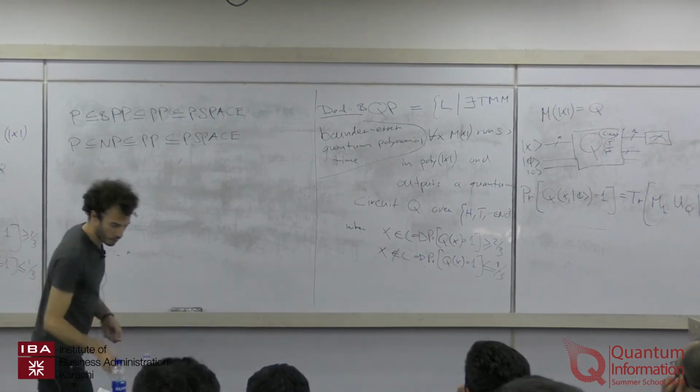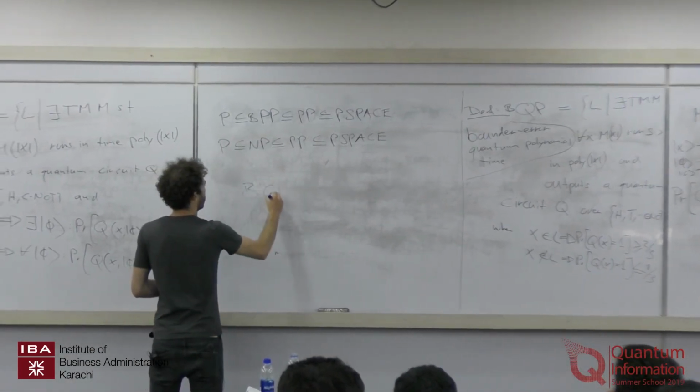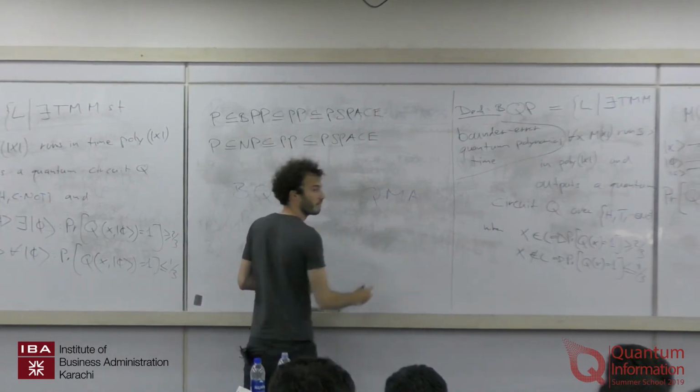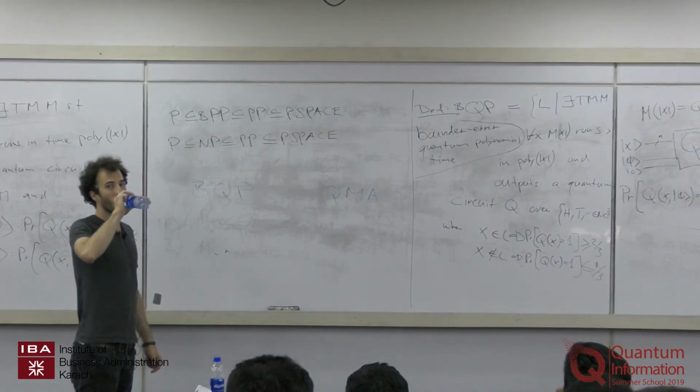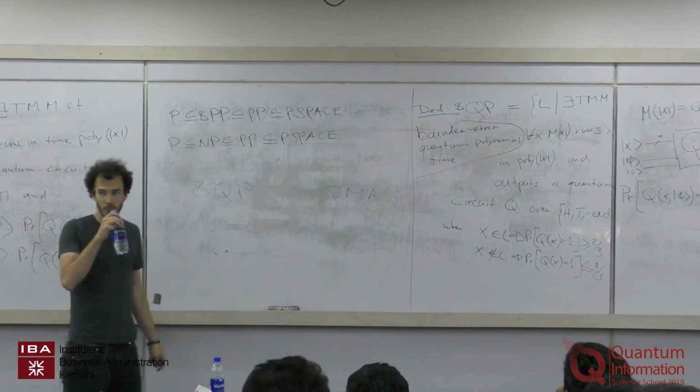So where do I have to put BQP and QMA? First, what is the relation between these two?